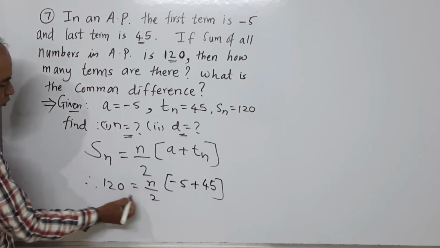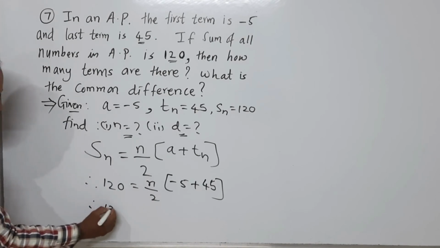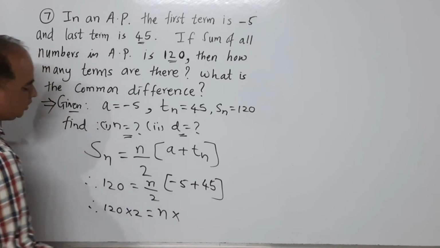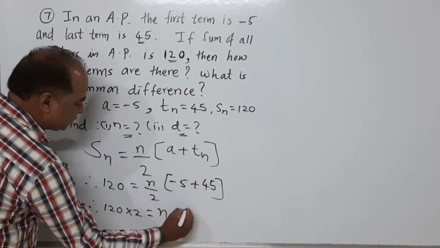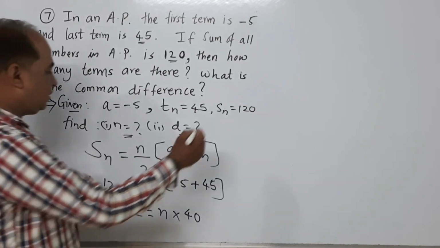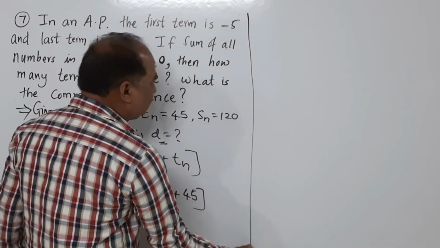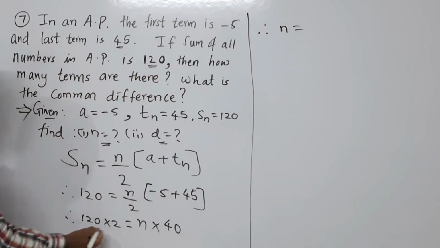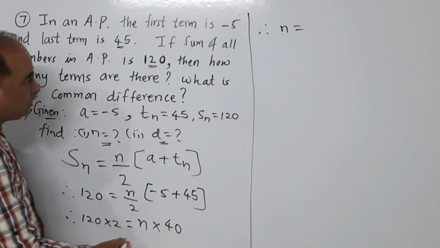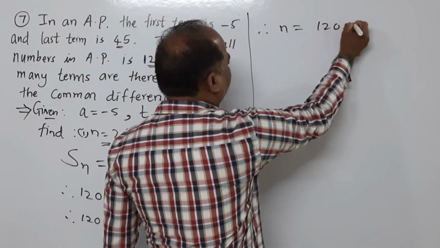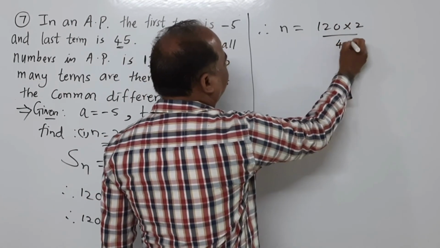Now this 2 will get multiplied here, therefore 120 into 2 is equal to n into 45 minus 5, which is equal to 40. Therefore the value of n is equal to 120 into 2, change the sides of equality, divided by 40.